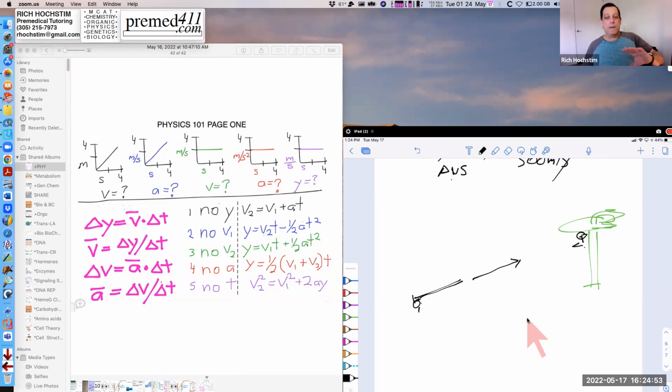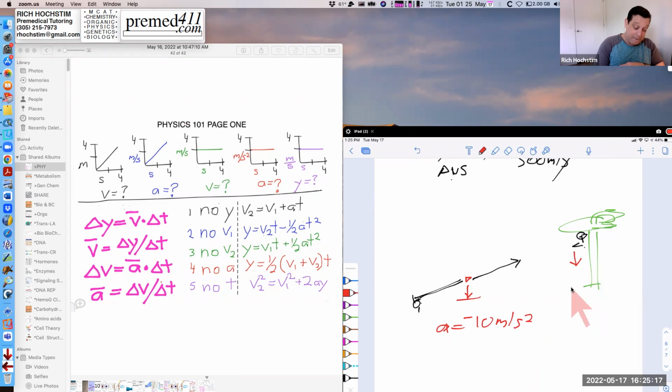And the monkey doesn't hear them, it sees them. So it's immediate. The monkey lets go of the tree and starts to fall, and the bullet is shot, it also starts to fall. And it turns out that because acceleration is constant at 10 meters per second squared, we'll make it negative, the bullet and the monkey are going to fall by the same amount.